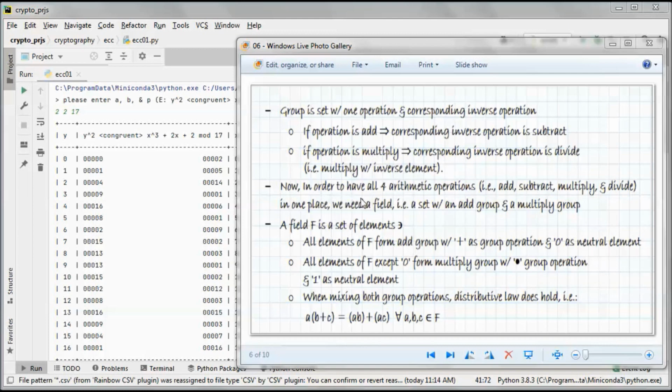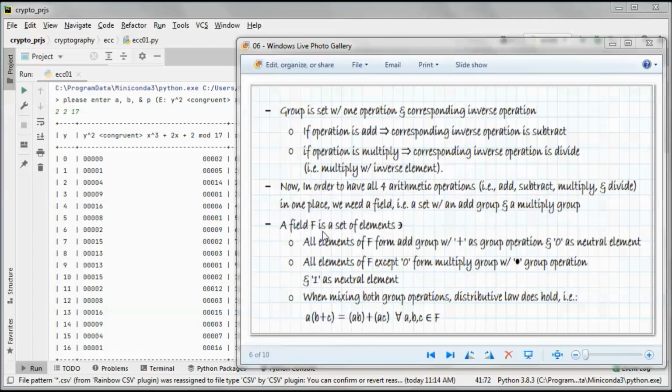Now in order to have all four arithmetic operations, meaning addition, subtraction, multiplication, and division in one place, we need a field, meaning a set with an addition group and a multiplication group.